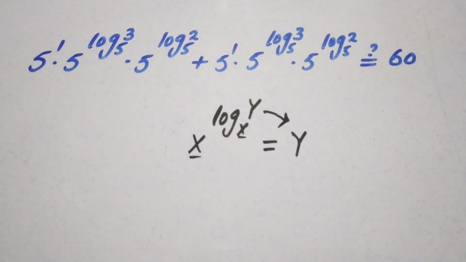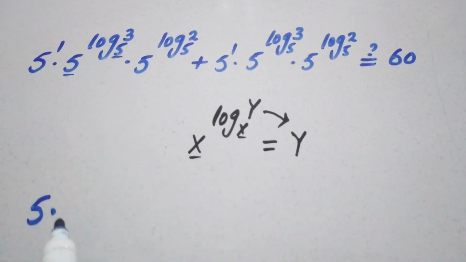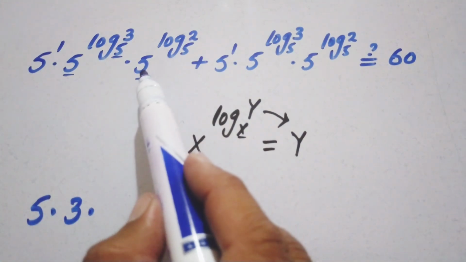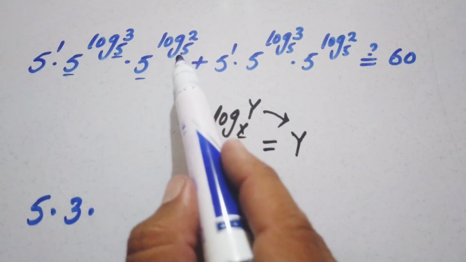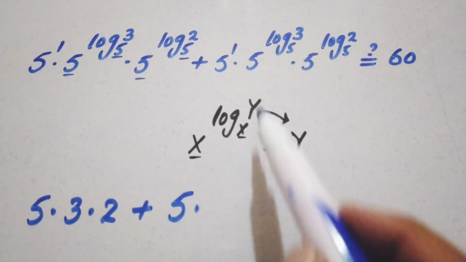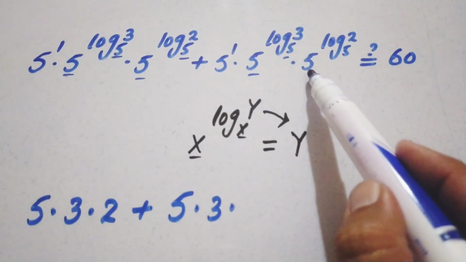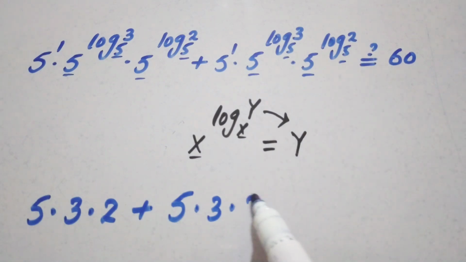Using this property we will get 5 power 1, which is 5, multiplied by 5 power log 3 to the base 5, which will become 3, multiplied by 5 power log of 2 to the base 5, which will become 2, plus this will be 5, this will be 3 and this will become 2.